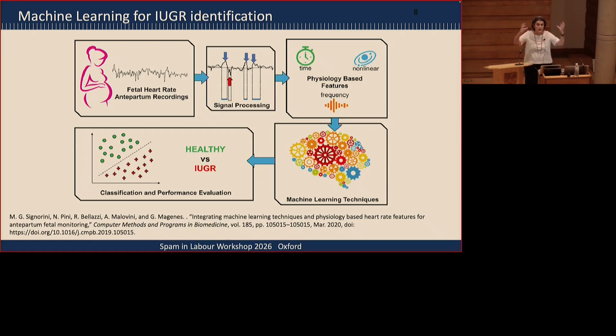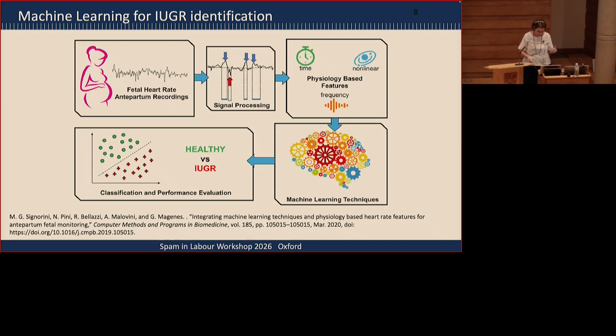This set of features composed the information that we decided to use to classify the fetal pathological or physiological states, and machine learning approaches made this result possible: the classification of the healthy subjects with respect to IUGR.